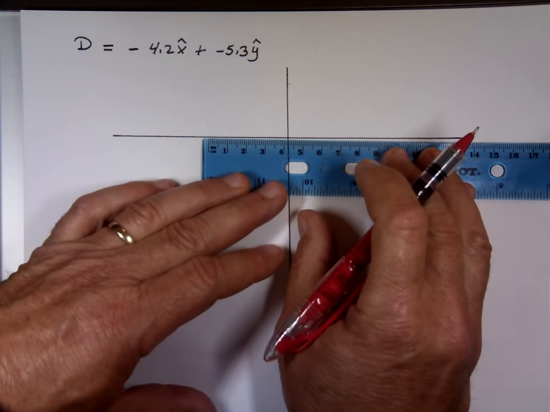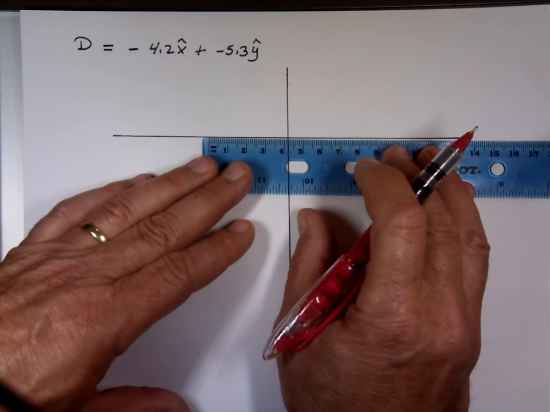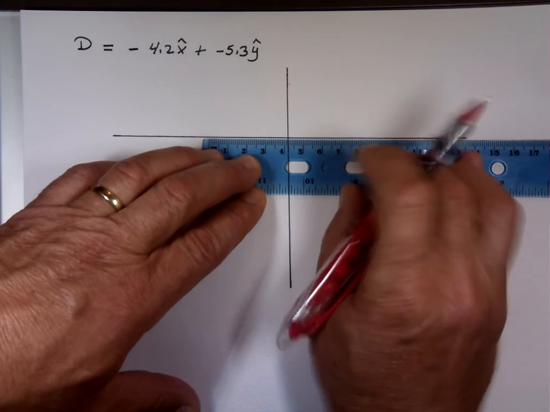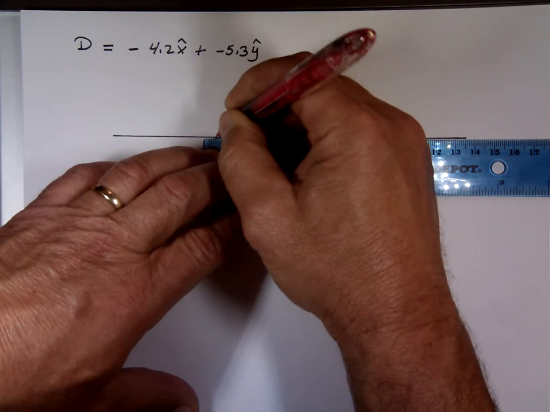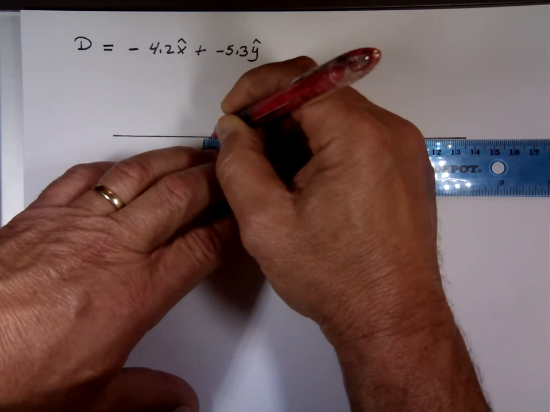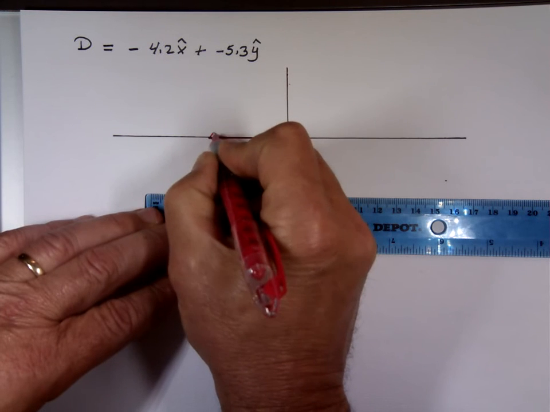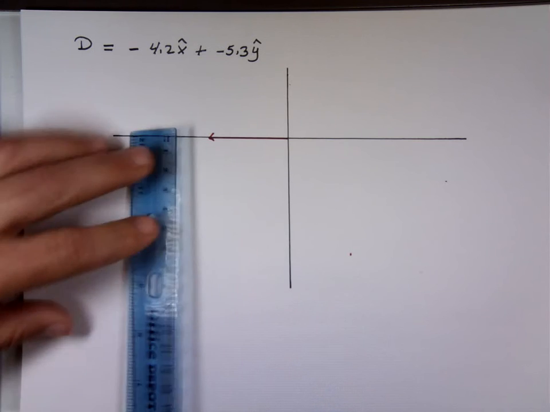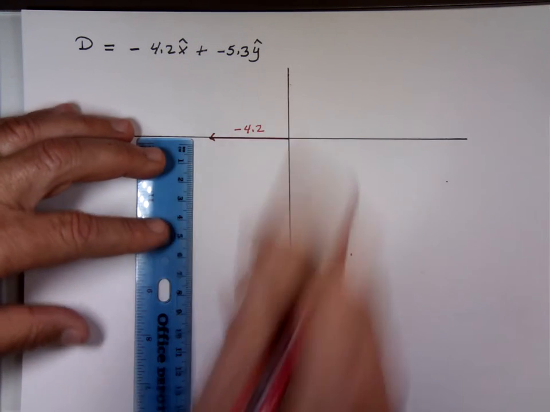I really can't see. This is x, negative 4.2. Then I have to go down. How many units? 5.3 down.